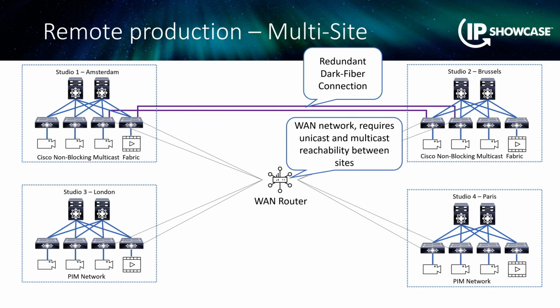As previously, Amsterdam and Brussels talk over dark fiber, but then all four locations talk with each other over the WAN network. So imagine this is a service provider somewhere in Europe interconnecting all four locations, so they will be able to exchange not just multicast, but also unicast.